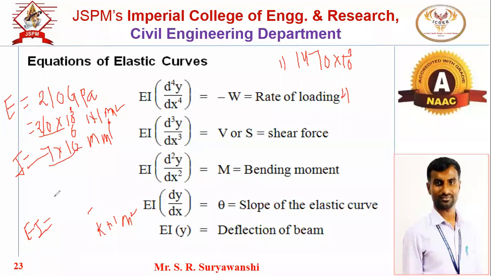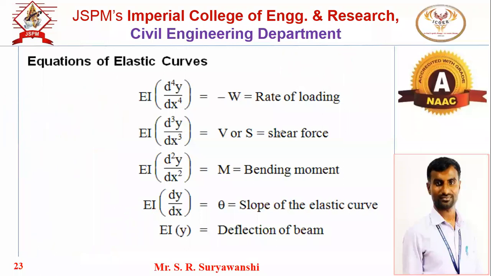Then multiply with 10 to the power minus 9, or divide it by 10 to the power 9. So you will get 1470 kilonewton meter square. Exactly. Good. Okay, now this relation we have to remember. So that will be for deflection, slope, bending moment, shear force, and the rate of loading.